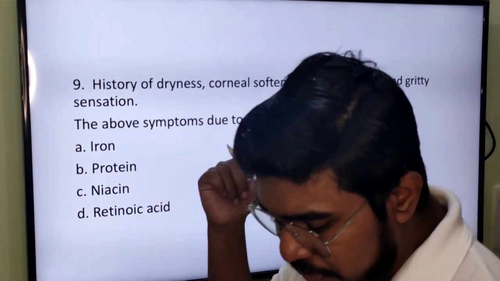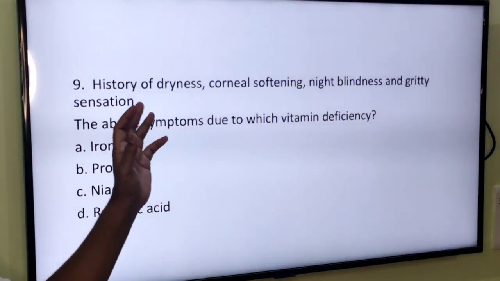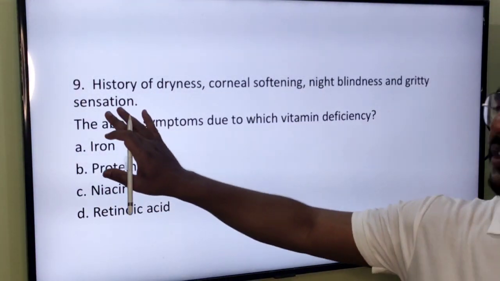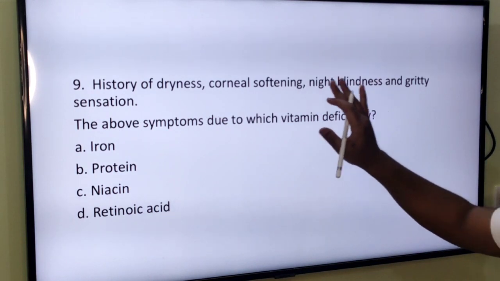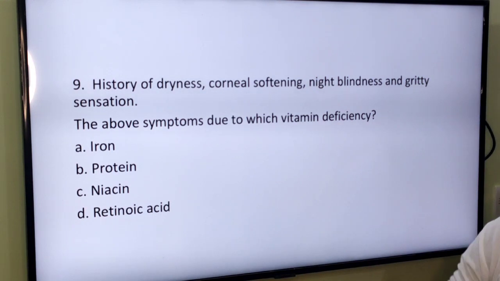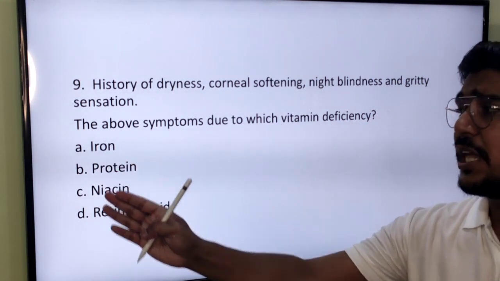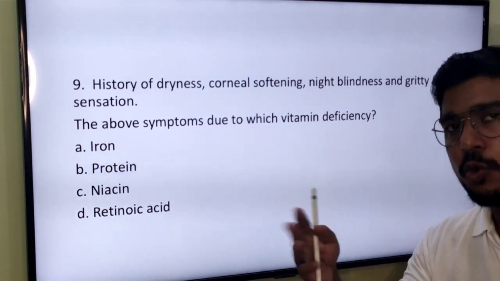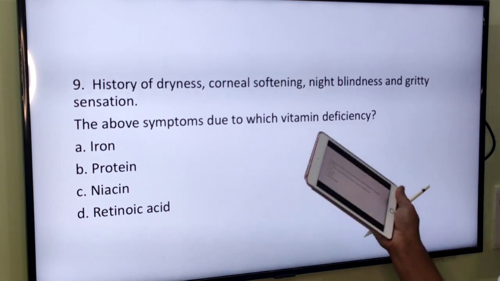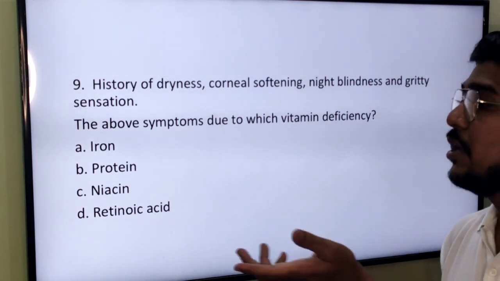Coming to the 9th question, it says history of dryness, corneal softening, night blindness and gritty sensation. The above symptoms are because of which vitamin deficiency? Obviously, iron is not a vitamin, protein is not a vitamin. You can rule it out like that. But the question should have asked which of the following is deficient.